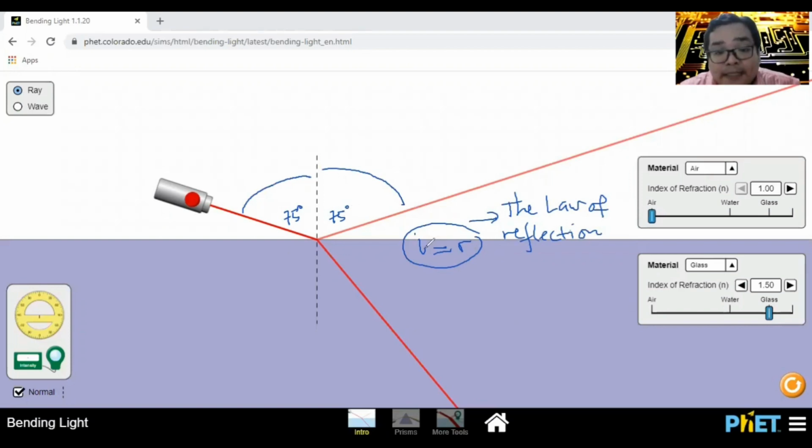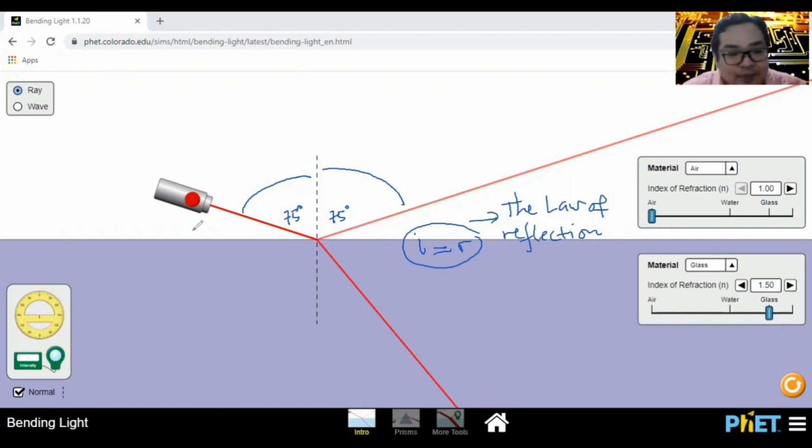But this will be the same with one condition: if the ray falls on a smooth and shiny surface. If you have a rough surface, there will be another discussion with that, no worries.